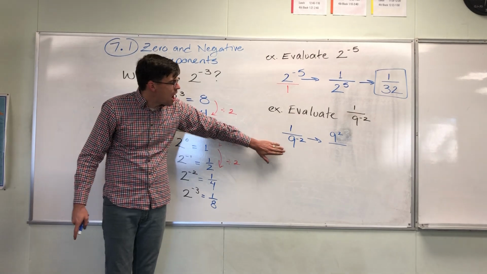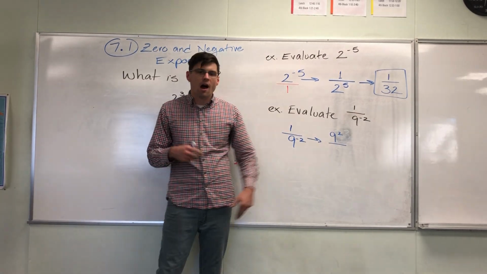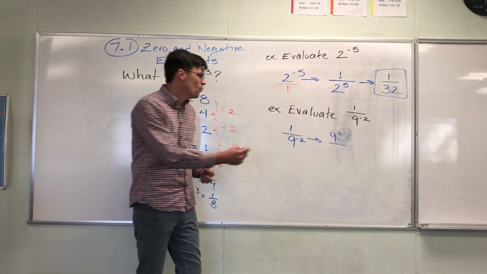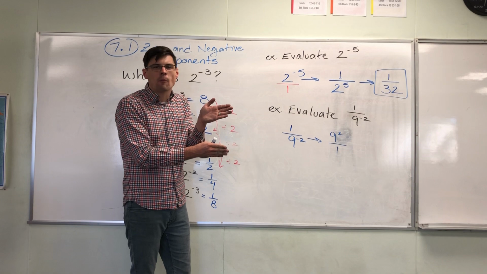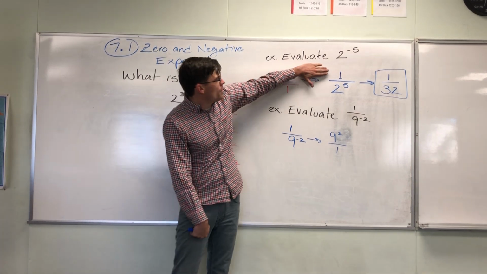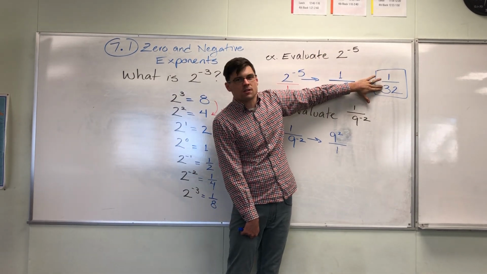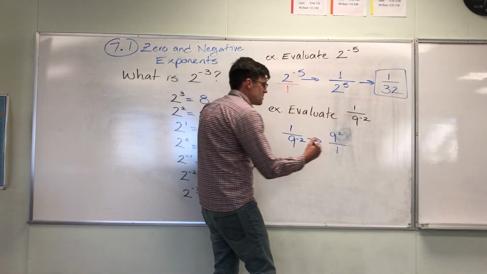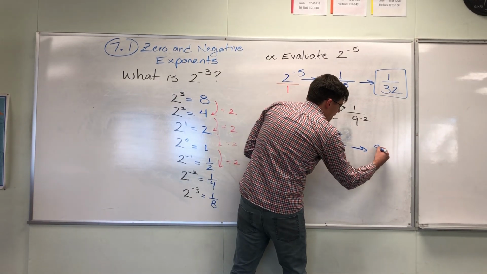Now it's 9 to the power of positive 2. We could put a placeholder of 1 down there, but when the 1 is in the denominator, it's not necessary to continue writing it. If we have 1 in the numerator, then you have to leave it as 1 over 32. But in this case, we could just simply write this as 9 times 9, or 81.